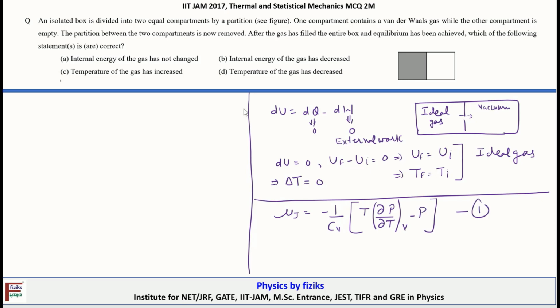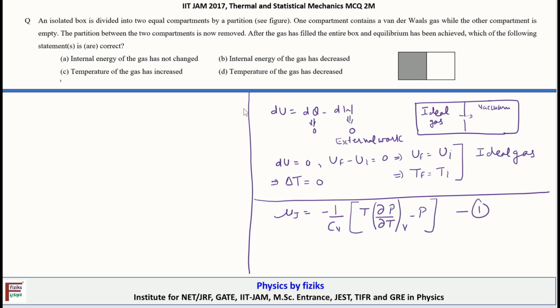So in order to determine the Joule coefficient, we need information about Cv, and if the equation of state is known to us, then we can determine the corresponding Joule coefficient.